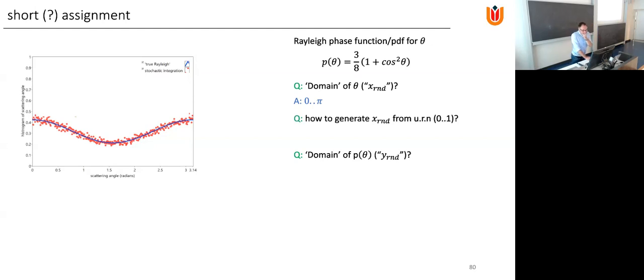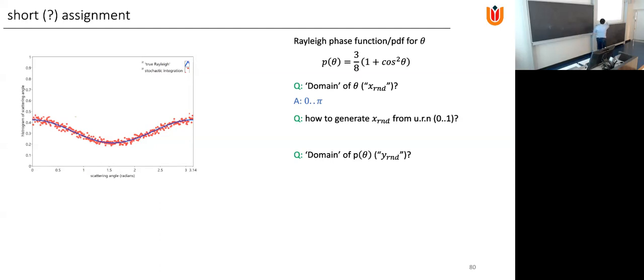Okay. So how would I then generate random values of theta from uniform numbers from 0 to 1?